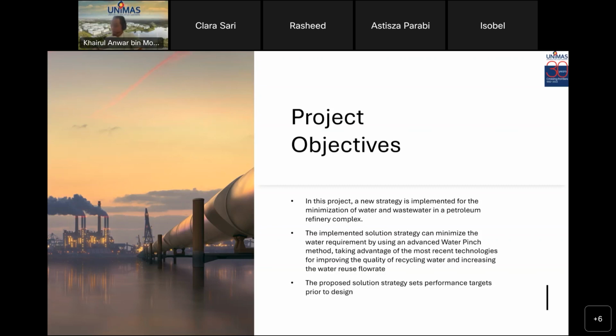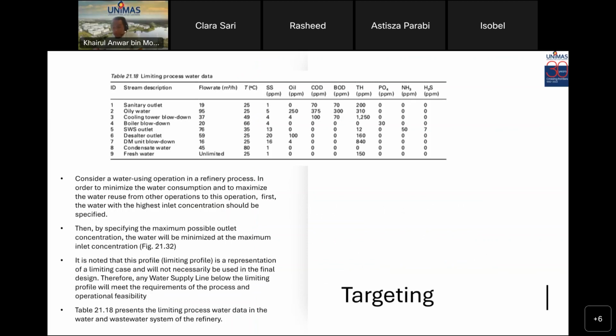The proposed solution strategy sets performance targets prior to design. This is targeting. Start to do the process integration now. Consider a water using operation in a refinery process.